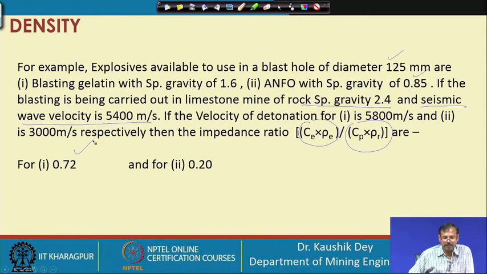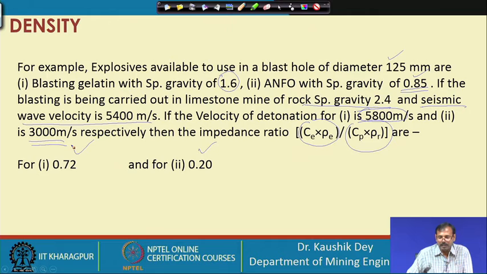0.72 for the blasting gelatin and 0.2 for ANFO. If you express it in percentage, it is 72% for blasting gelatin and 20% for ANFO, because the blasting gelatin has the higher density and also the higher velocity of detonation, whereas ANFO has low specific gravity as well as low velocity of detonation.